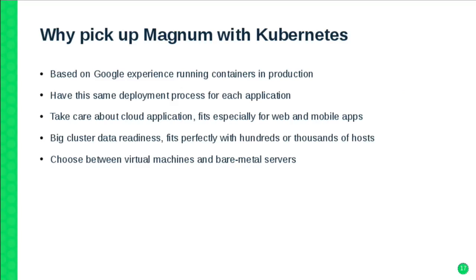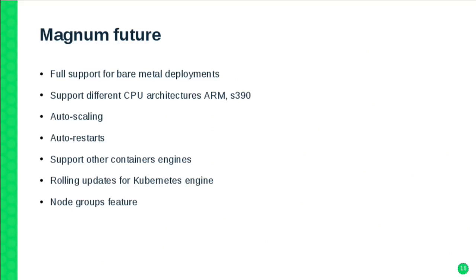It means that Kubernetes is better prepared for big data deployments, for example with thousands of nodes, and this will work really well. And of course, we can still always choose between virtual machines and bare metal machines. It depends, of course, on which level of security we would like to stay.